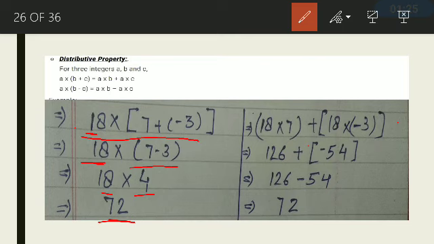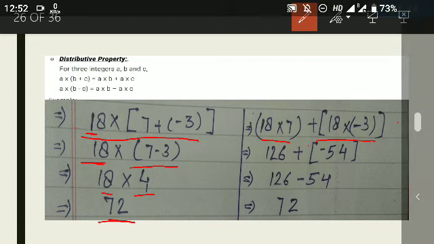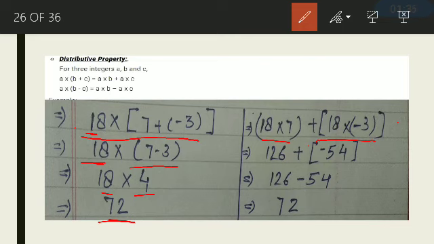So what will happen? 18 will be in multiplication with 7 also, plus 18 will be in multiplication with negative 3 also. Now 18 multiplied by 7 will result in 126. Now plus sign is there, so the plus sign will come down as it is. 18 multiplied by negative 3 will give you negative 54.